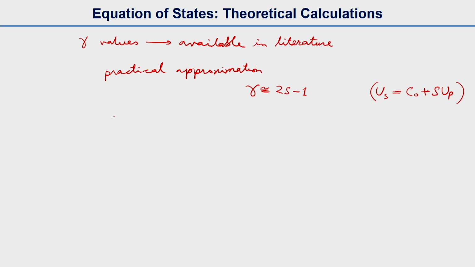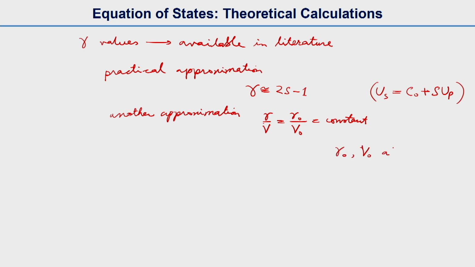And then another approximation is that gamma by V is equal to gamma naught by V naught equal to constant. So these are at zero pressure actually, gamma naught V naught at zero pressure.